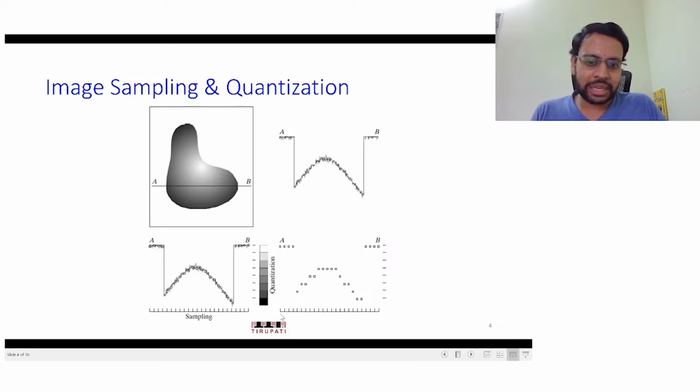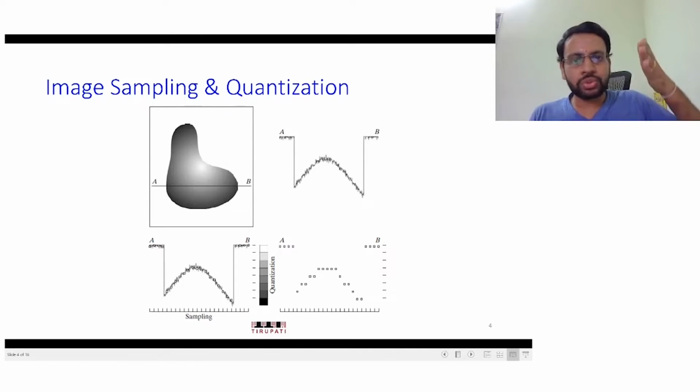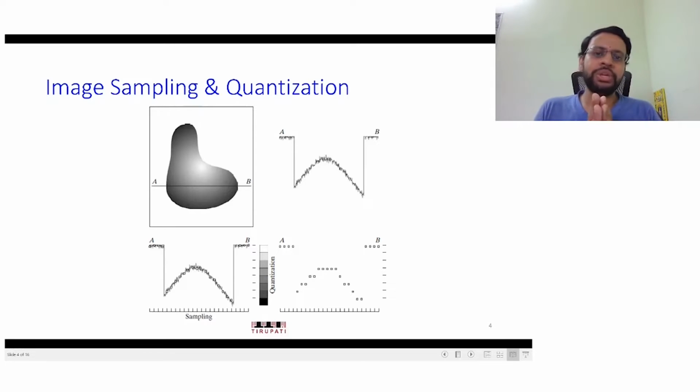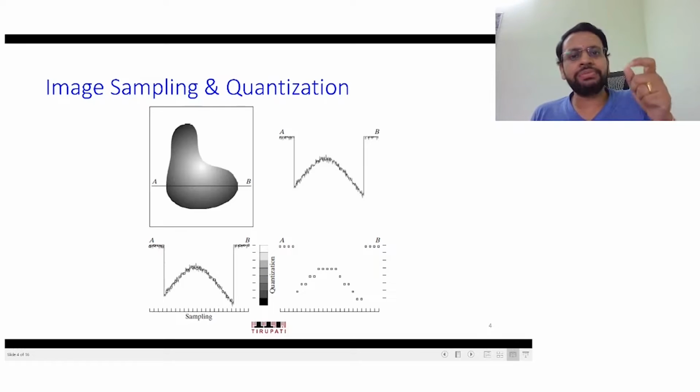Since there is a discretization done on the spatial domain as well, along the line that you have taken, you store the values at particular points. So the moment you are creating a digital image, two important phenomena happen. One is discretization in the spatial domain and the other is quantization of the intensity values that you are going to store.